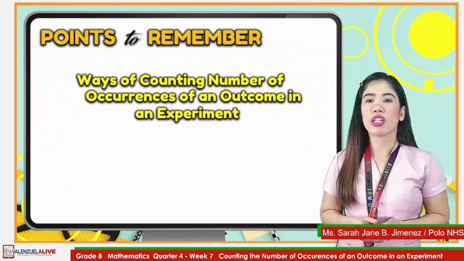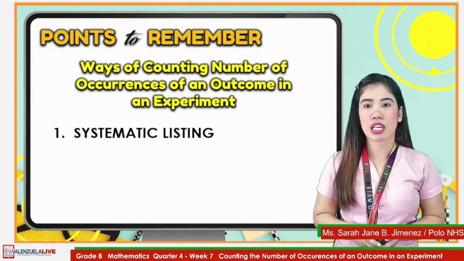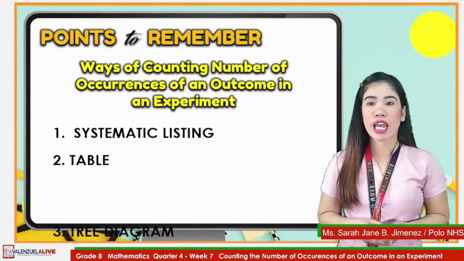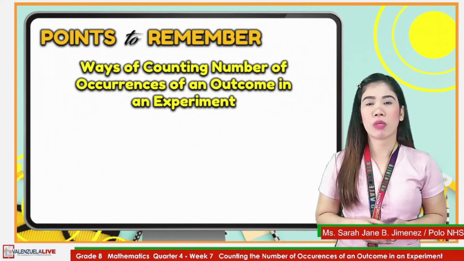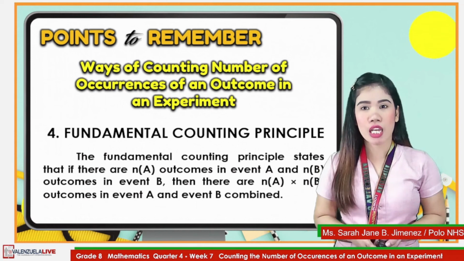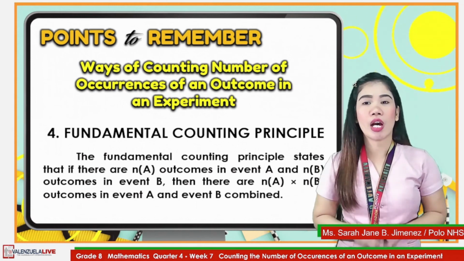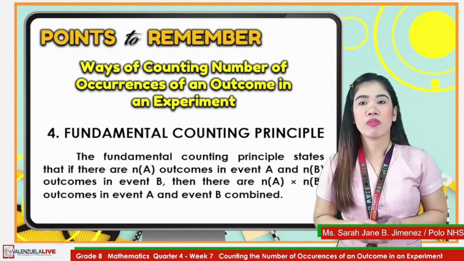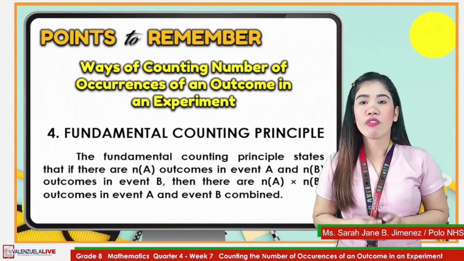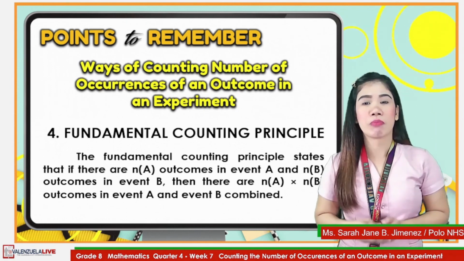We could determine the number of occurrences in an experiment by systematic listing, table, tree diagram, and fundamental counting principle. The fundamental counting principle states that if there are m outcomes in event A and n outcomes in event B, then there are m times n outcomes in event A and event B combined.